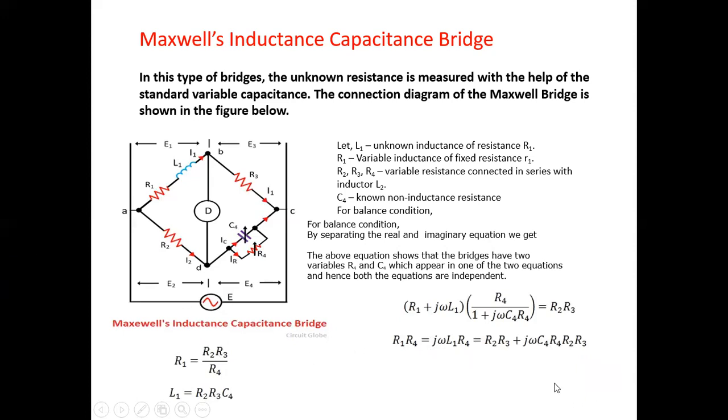Now compare the imaginary terms on both sides. Then L1 R4 is equal to C4 R4 R2 R3. R4 and R4 get cancelled, so L1 is equal to R2 R3 into C4. This is the bridge method used to find the value of unknown resistance and inductance.